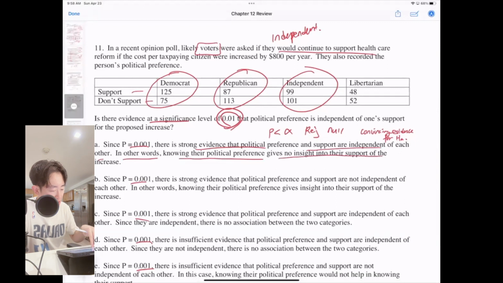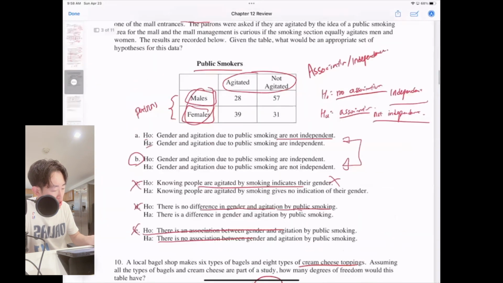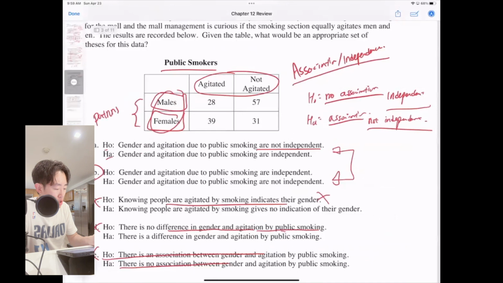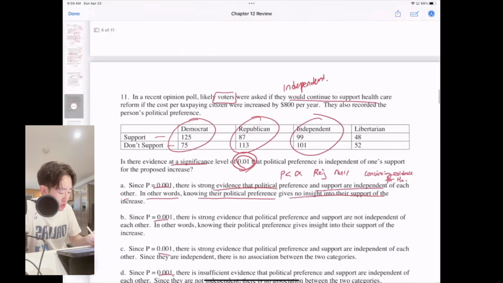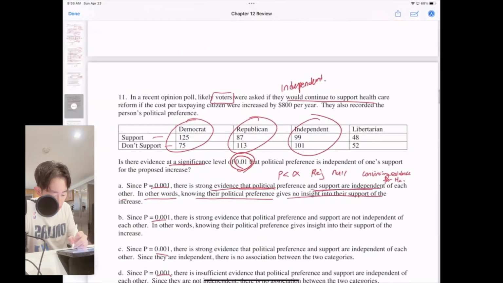Now, if you go back to this, remember that for association/independence, the null hypothesis should always say independent, and the alternative is not independent. Since we rejected the null, we have strong evidence to support that they're not independent. So if you go down here, there's strong evidence that political preference and support are independent. Nope. Remember that the alternative says not independent of one another because there is going to be an association.